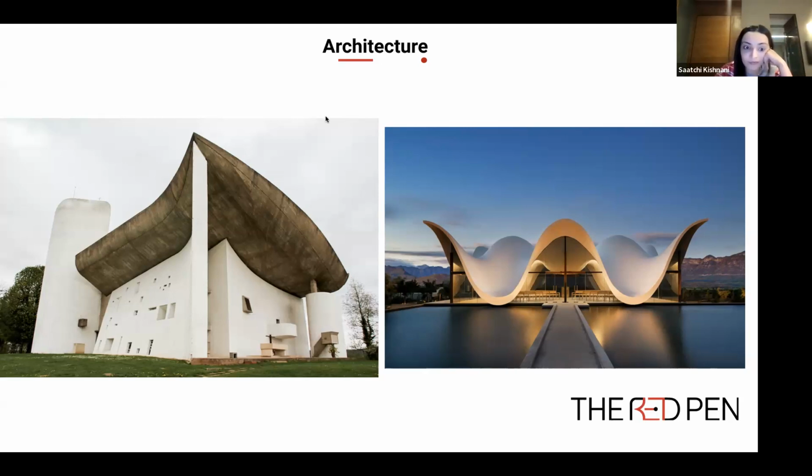On the left is Villa Ronchon by Corbusier and another modern chapel on the right. As you can see, the purpose of the building is essentially the same, but the treatment is so different, right? They both evoke very different feelings. And that is really the essence of architecture, right?